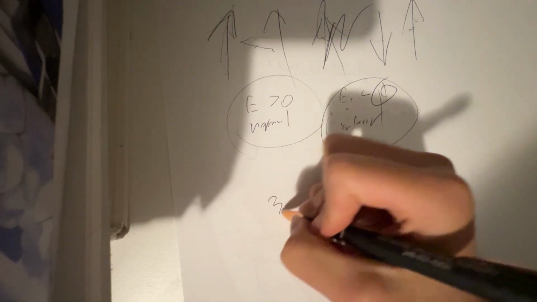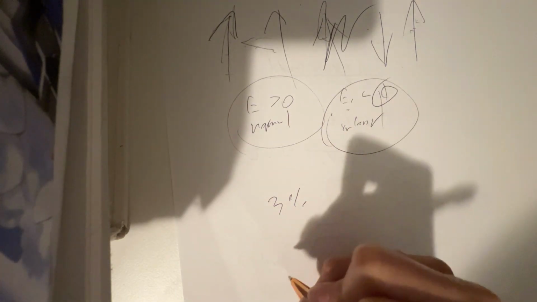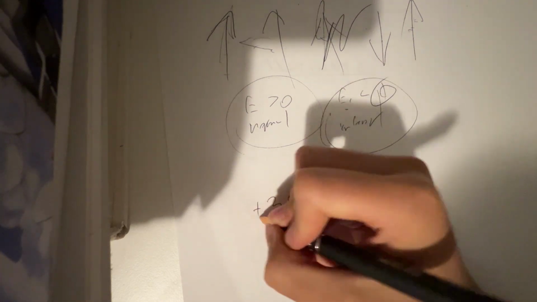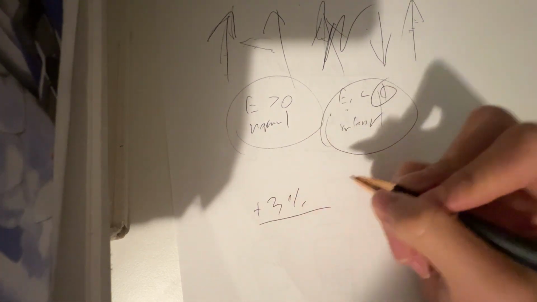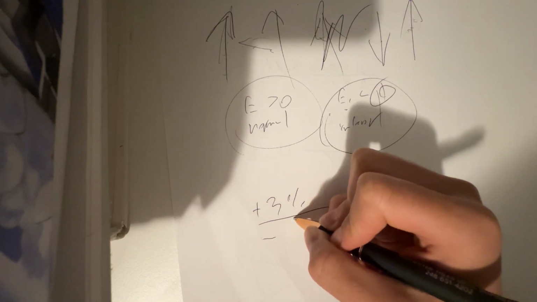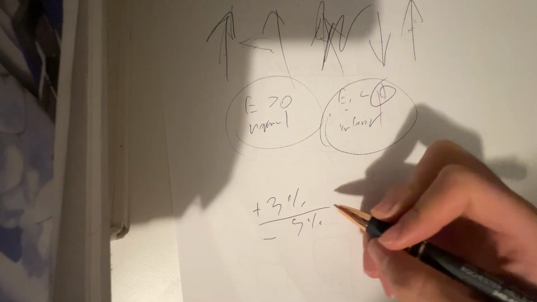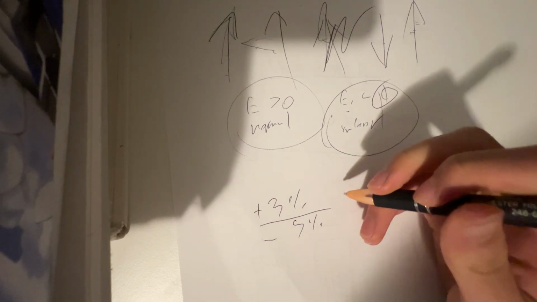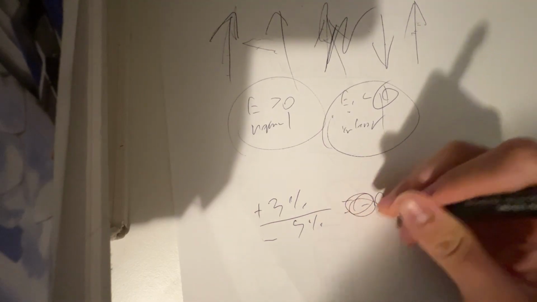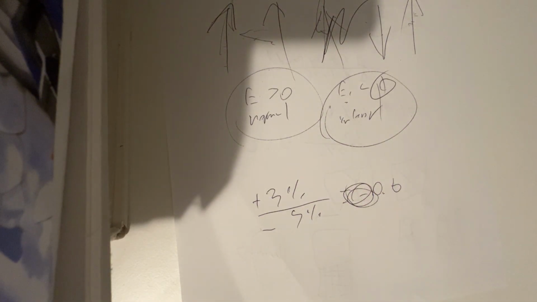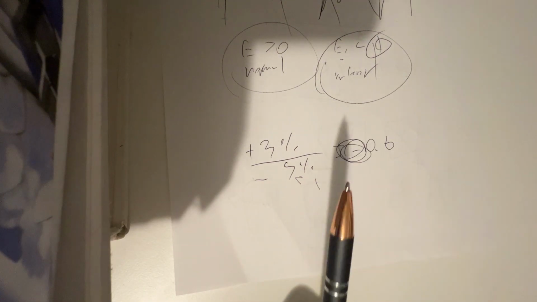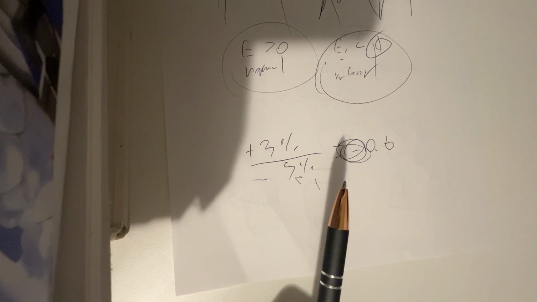So 3% demand rising over the negative 5% because it's falling. And that negative sign, if you calculate it out, is negative 0.6. That negative sign proves that instant ramen is an inferior good. And that makes sense because of what I talked about earlier.